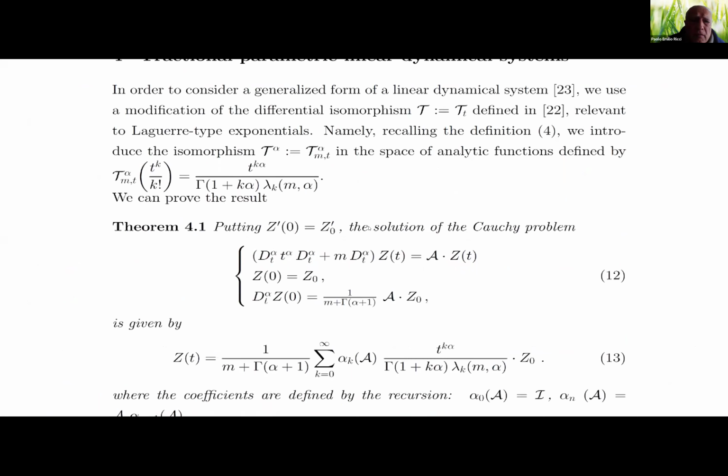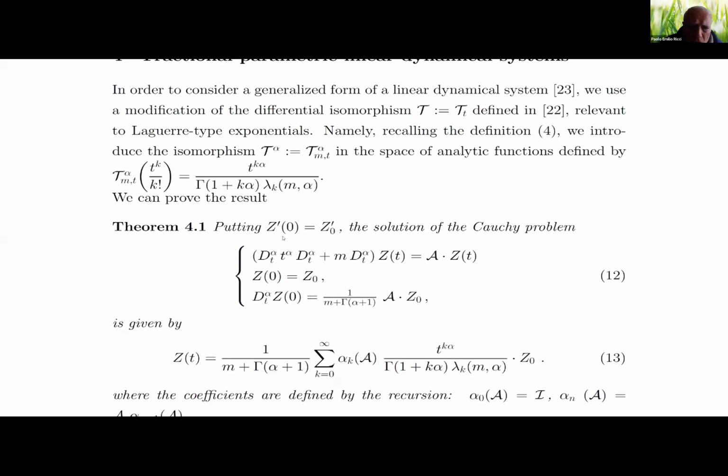So if you generalize this problem to the fractional parametric linear dynamical system, you have to introduce, instead of the isomorphism we have shown for the Laguerre-type exponential, a generalized isomorphism, in which if you apply this generalized isomorphism to this power, you find t to the k in this form, in which just the function lambda we have defined before appears.